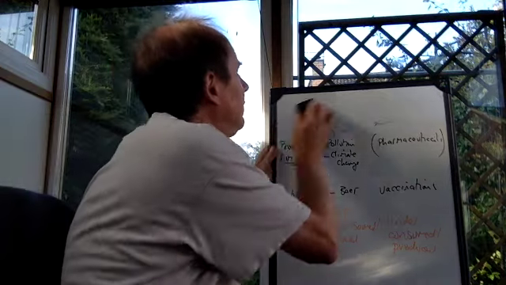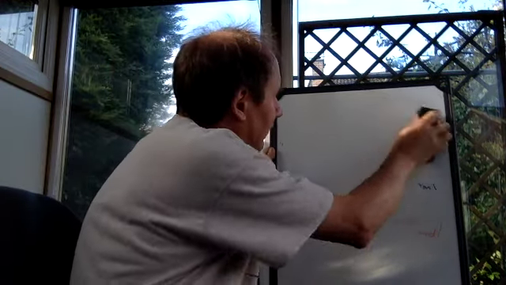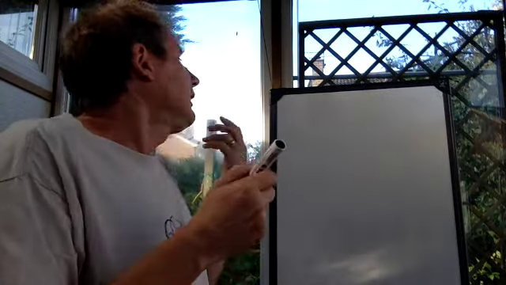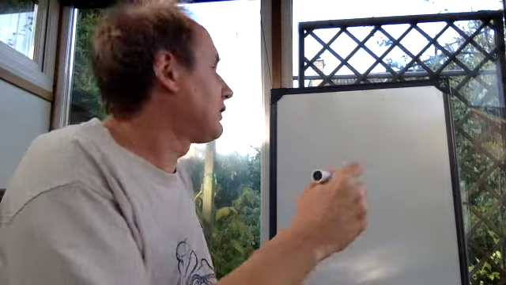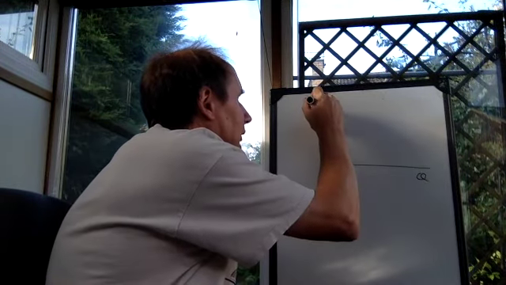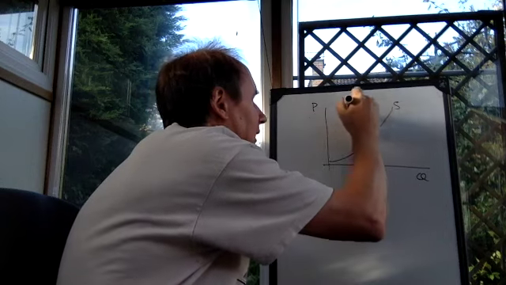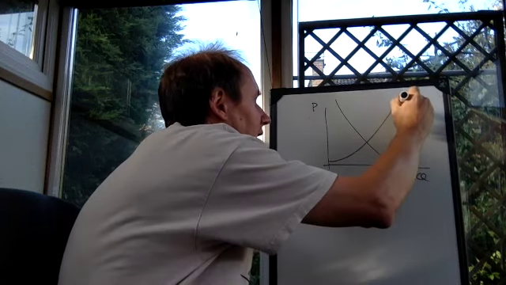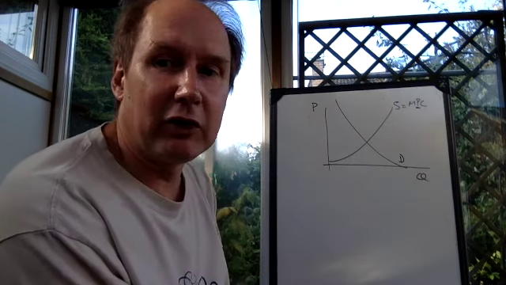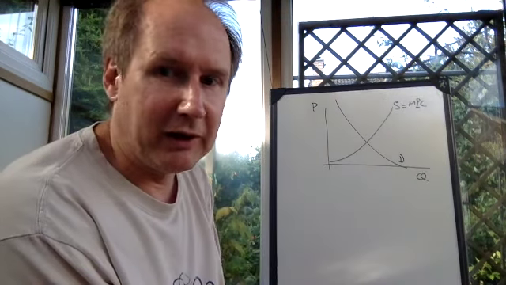So, what we now know then is that ideally, the marketplace will take us to where supply equals demand. And that supply is now based, we're going to call it, on the firm's private cost. The cost the firm actually pays.